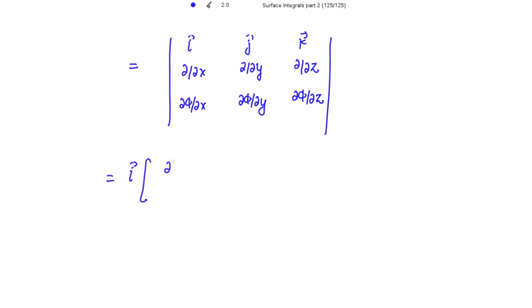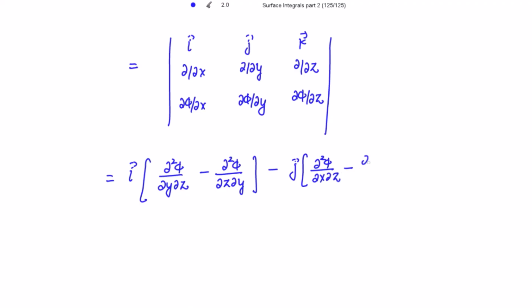And let's evaluate this. So writing here i vector, this is partial derivative of phi with respect to y and z minus partial derivative of phi with respect to z and y, minus j vector partial derivative of phi with respect to x and z minus partial derivative of phi with respect to z and x, plus k vector partial derivative of phi with respect to x and y minus partial derivative of phi with respect to y and x.